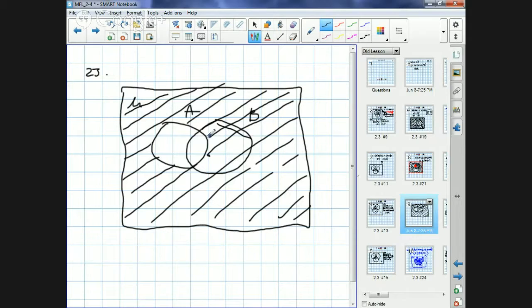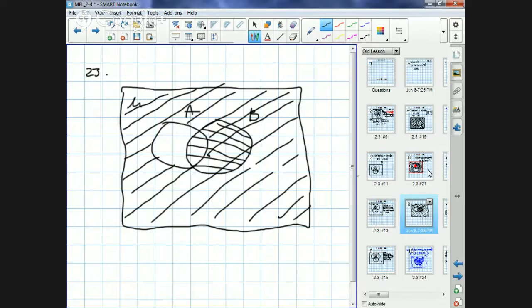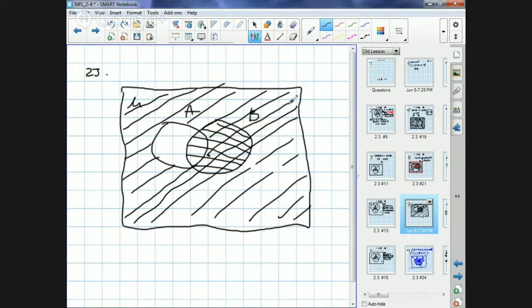Anyway, and then everything in B, right? Yeah, X is an element of B. Yep, everything in B. And because this is an intersection, where is the answer? So the intersection there is the overlap between A and B, that center section? No, whenever you're in an intersection, it's the cross-hatching.